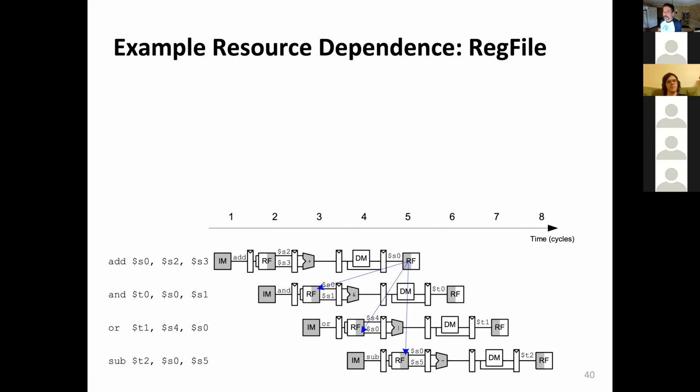If they are equal, in this case, you see that we have S0 here, and we have S0 in the second one, S0 in the third one, and S0 in the last one.